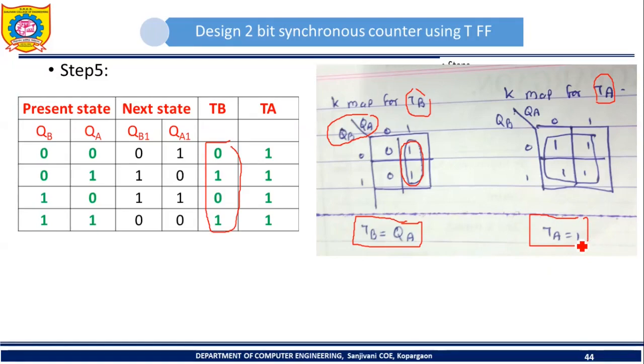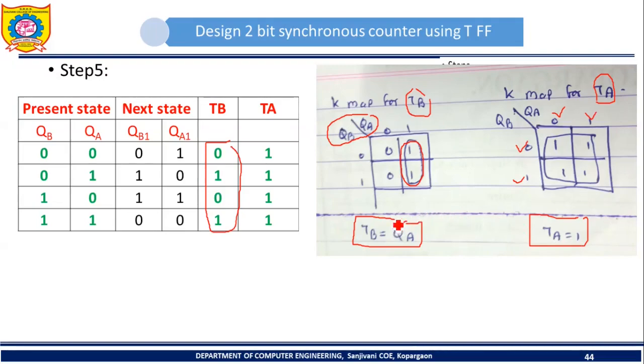TA is equal to 1, because for this group, if you check which variables are changing and which are constant, QB is changing, here it is 0, here it is 1, and QA is also changing. Both variables are changing, so we have to discard both variables. So TA is equal to 1.